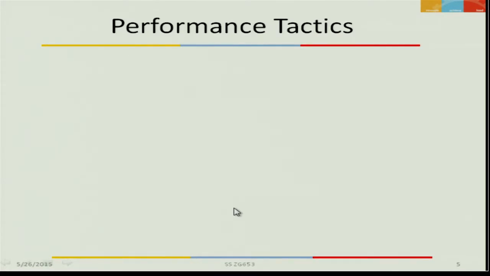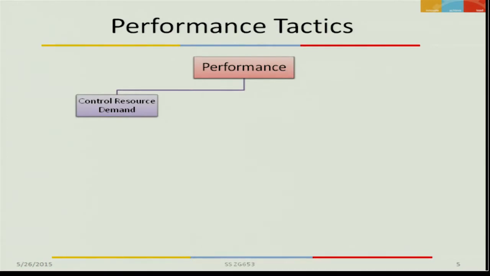So now let's look at different types of performance tactics that as an architect you should use to handle different performance requirements. The first category is called control resource demand. The second category is called resource management.